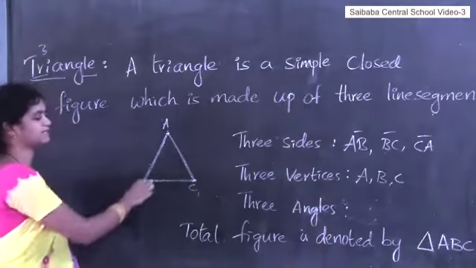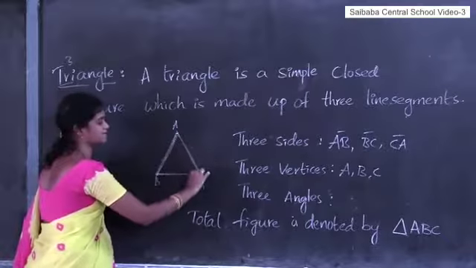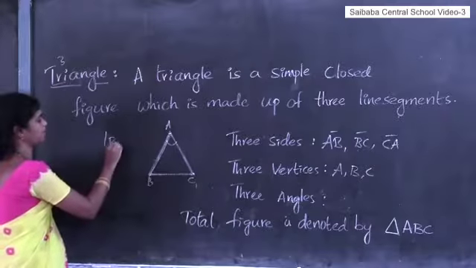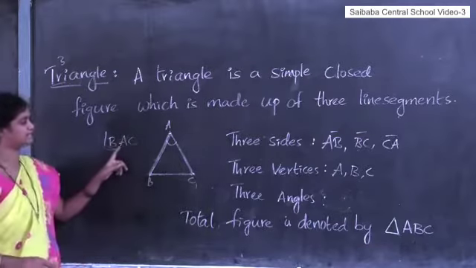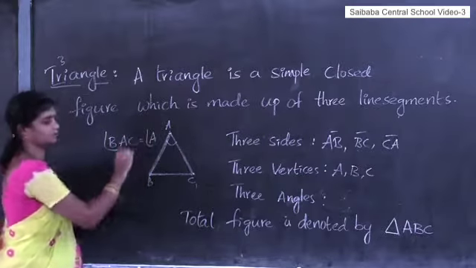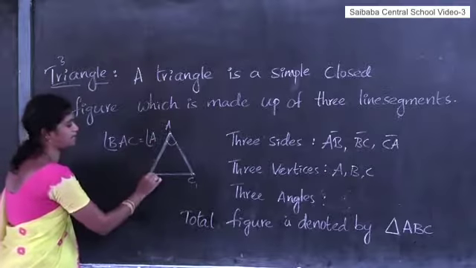What are the angles in the triangle? So the first angle is BAC. So this is one angle. Angle BAC, or simply with a single letter, angle A, also we can show. Next one is ABC.